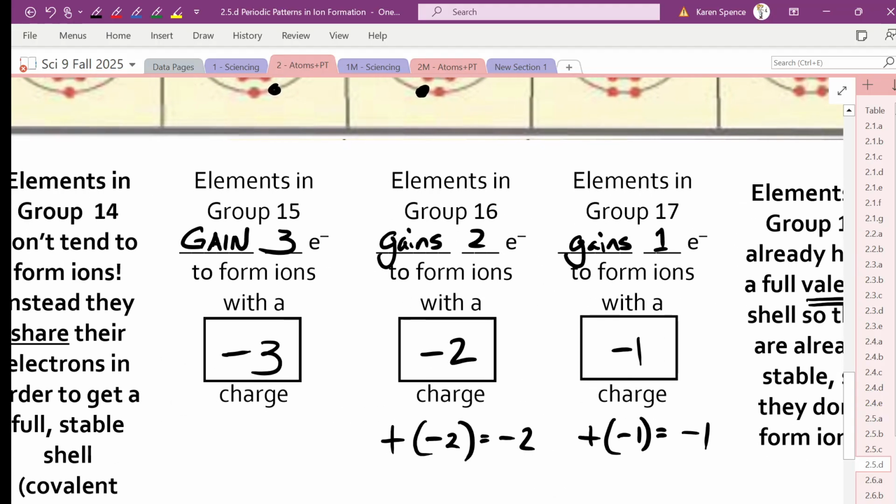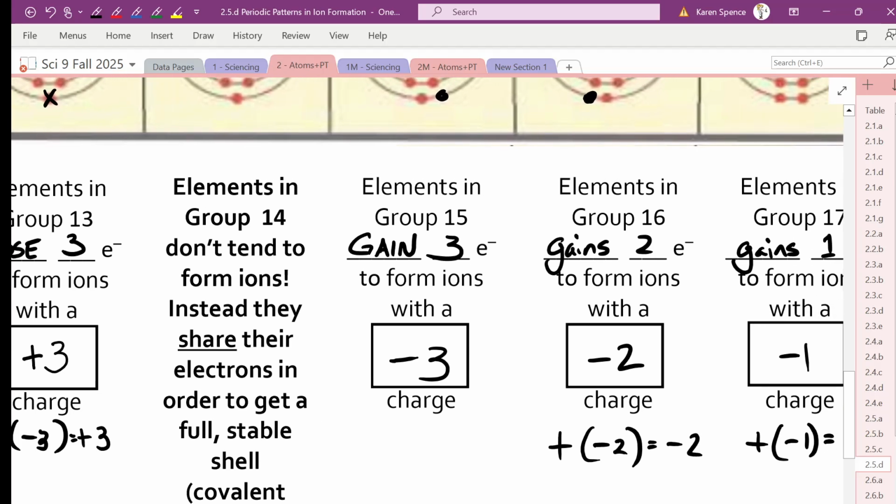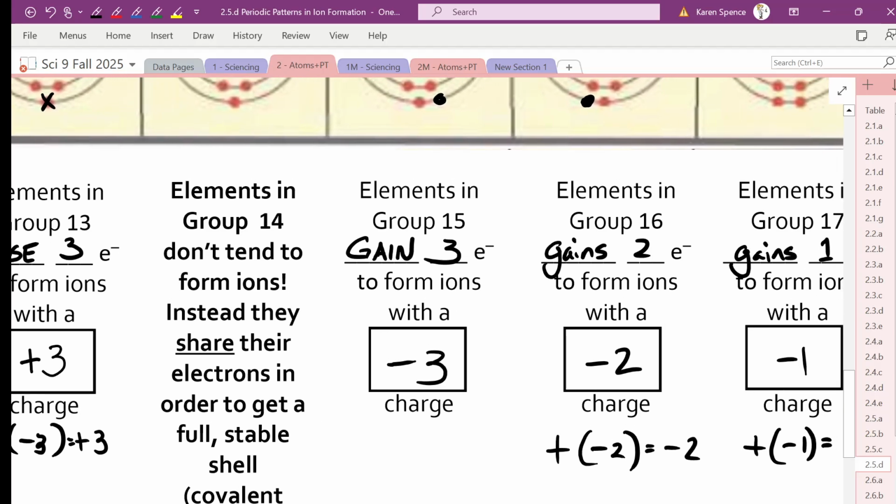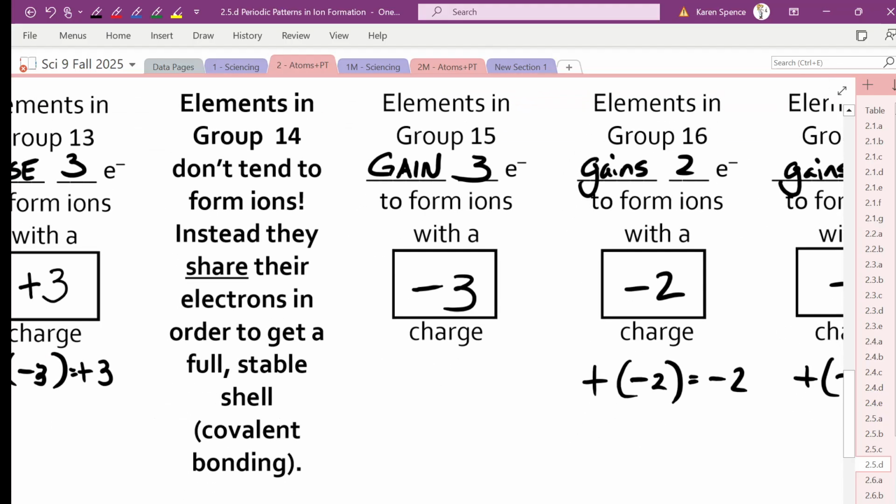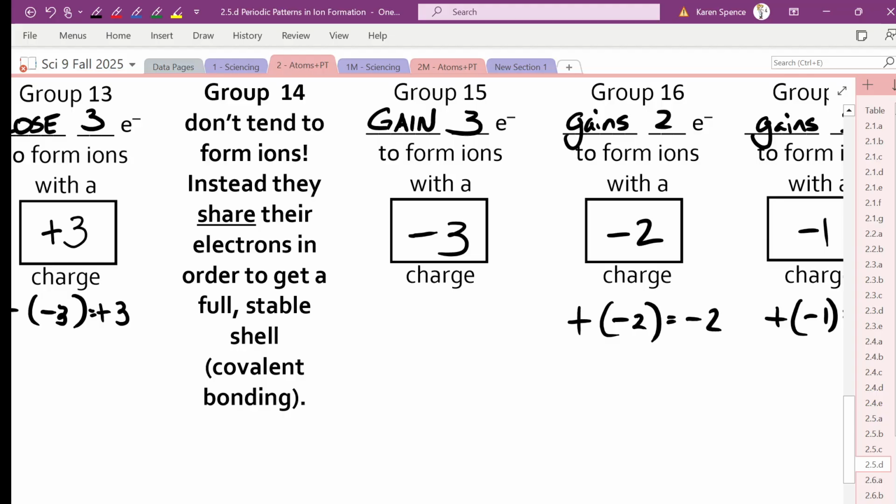But I always get asked about group 14, because with group 14, you would either have to lose 4 or gain 4. And neither of those actually tend to happen. They don't tend to form ions. Instead, they will share their electrons in order to get a full, stable shell.